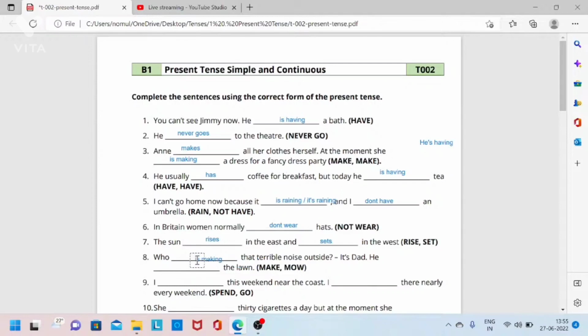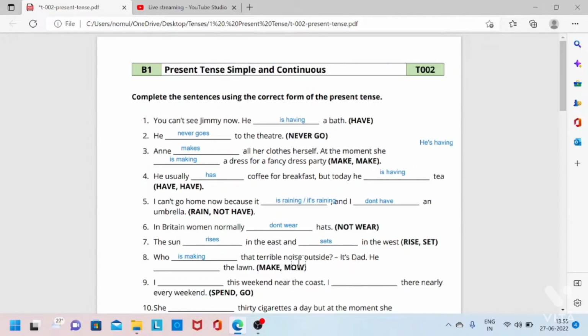Should become, okay? Once again. Is making. Who is making that terrible noise outside? It is Dad. He is mowing.